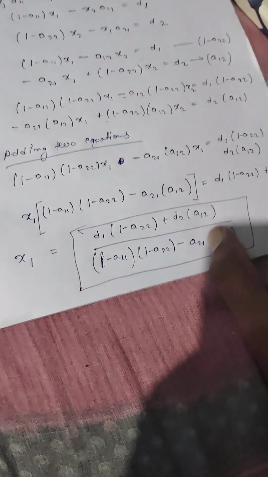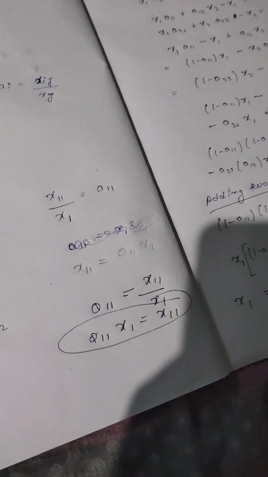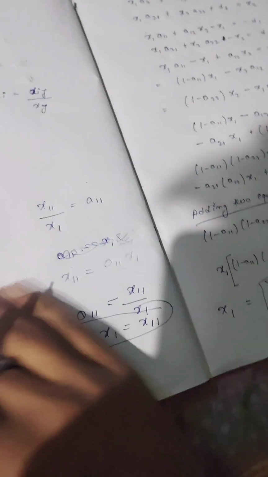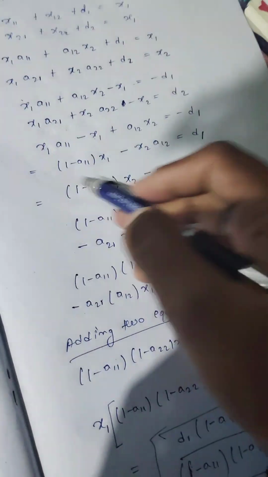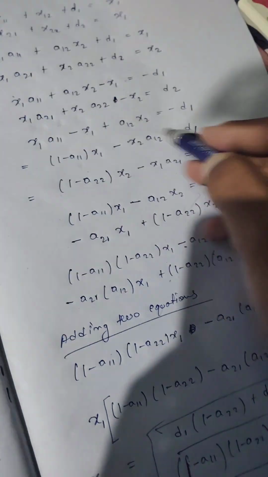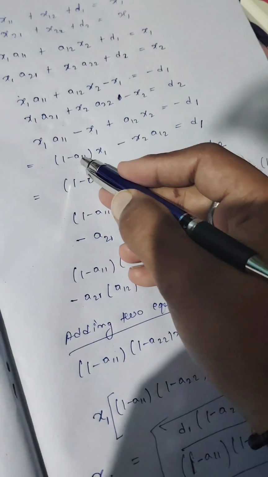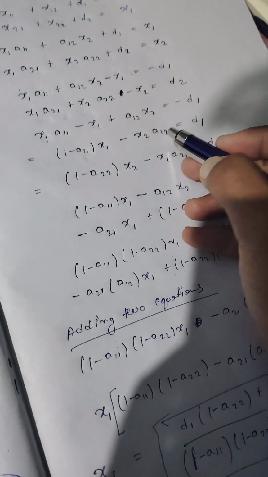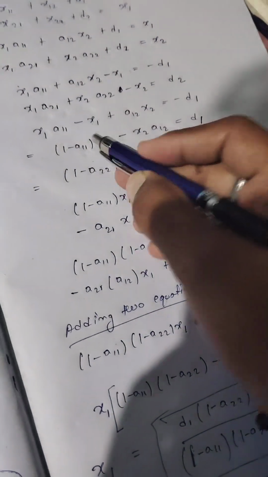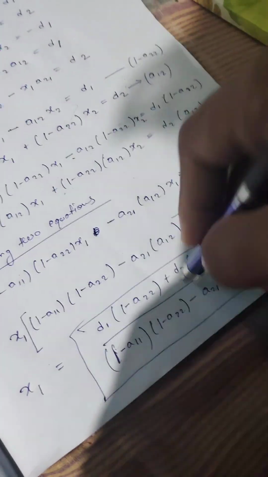After we found X1, we can find X2. And how can we find X2? Simple. We will put the X1 value in this equation or this equation. We will get X2 obviously, because 1 minus A11 we know, A12 we know, D1 we know, and X1 we know through these equations.